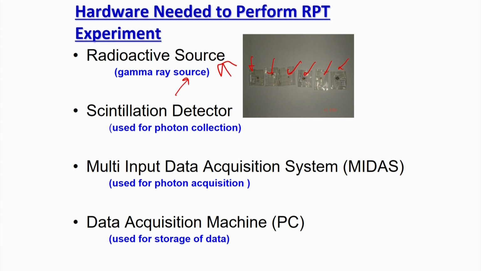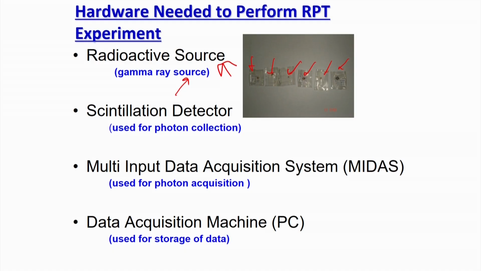The second hardware is scintillation detectors, whose job is to record the photon counts emitted by the tracer particle. The third is the multi-input data acquisition system, which we also call MIDAS. The detector will absorb the counts and transfer them to the MIDAS, the electronics, whose job is to count the number of incidences of the gamma ray detected by the scintillation detectors.